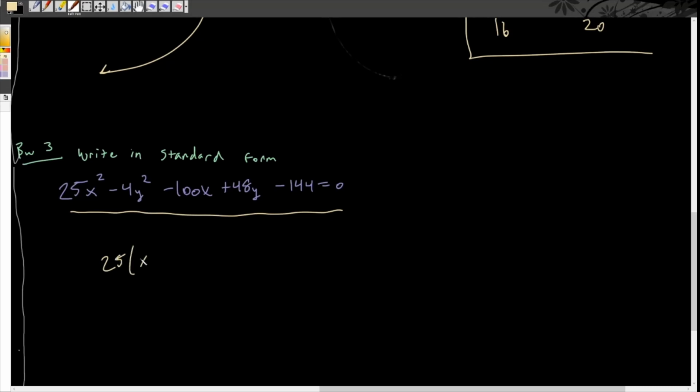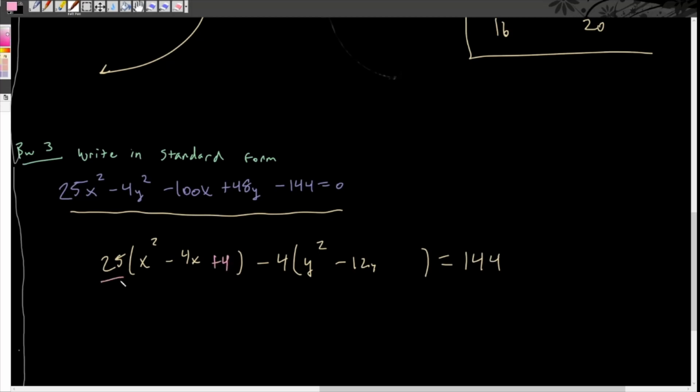25 lots of x² minus 4x minus, so this is different now. This is why it's a hyperbola and not an ellipse. 4 lots of y² minus 12y equals 144. So if I want to complete this square here, I got to add in a 4.